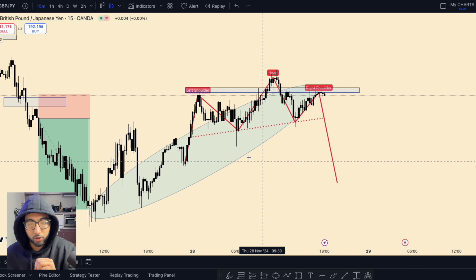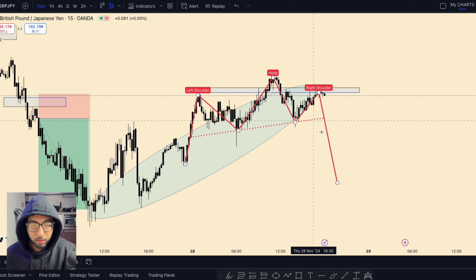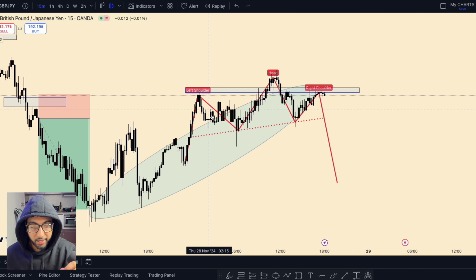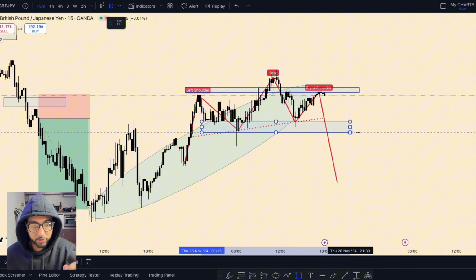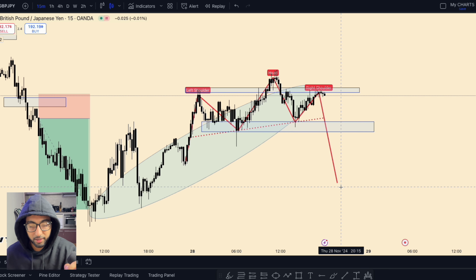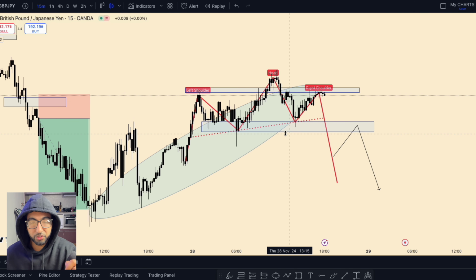Only time we can confirm this is if price breaks this neckline, then we can go for that retracement and then enter for a sell, right?